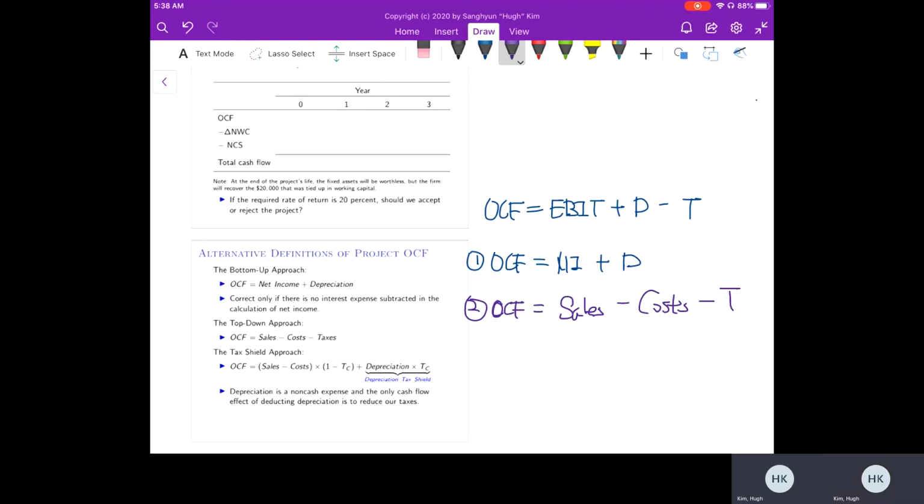And there's a third definition, which is the tax shield approach.